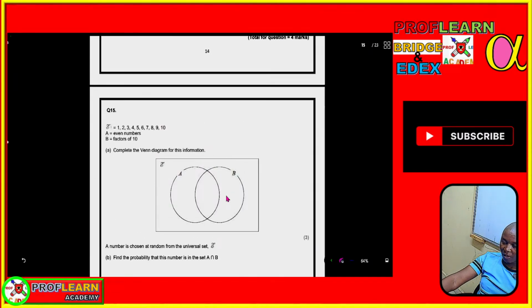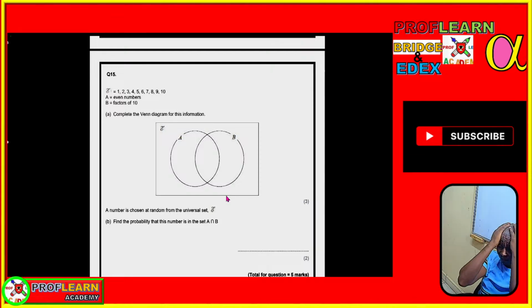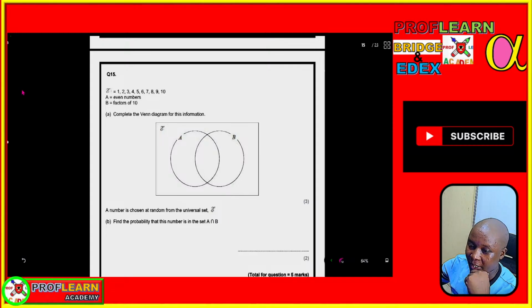Yeah, so in question number 15, we are working with a question to do with Venn diagrams. Now we have a universal set, having numbers from 1 all the way to 10. Even numbers will be 2, 4, 6, 8, and 10.